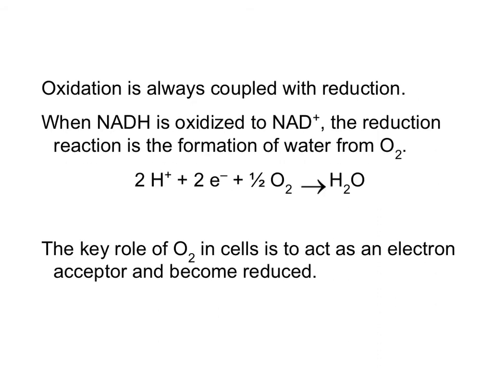Oxidation is always coupled with reduction, and when that NADH is oxidized to NAD+, ultimately what we're going to see is the reduction of oxygen forming water. In other words, once that final electron acceptor, which is oxygen, accepts the electron and hydrogen, it's going to form water. So the actual terminal electron acceptor in this case is the oxygen, forming the water in the process.